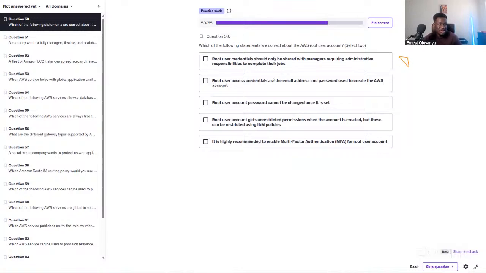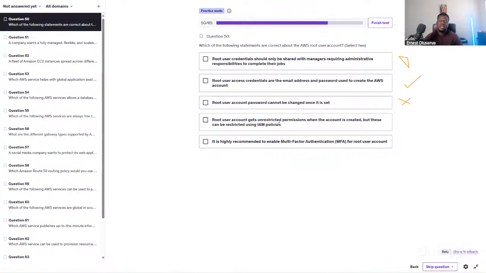Root user access credentials are the email address and password used to create the AWS account. That sounds correct. The root user access credentials are the email address and password. Yes, very likely. So that is definitely correct. Root user account password cannot be changed once it is set. That's not true. So we're going to cancel that one. Root user account gets unrestricted permission when the account is created, but these can be restricted using IAM policies.